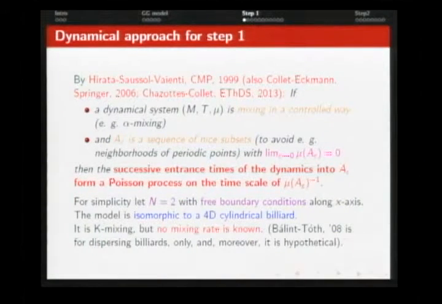And Bálint and Tóth were trying to extend this construction to the higher dimensional situation, which is a very hard problem, so hard that they could not do it completely.